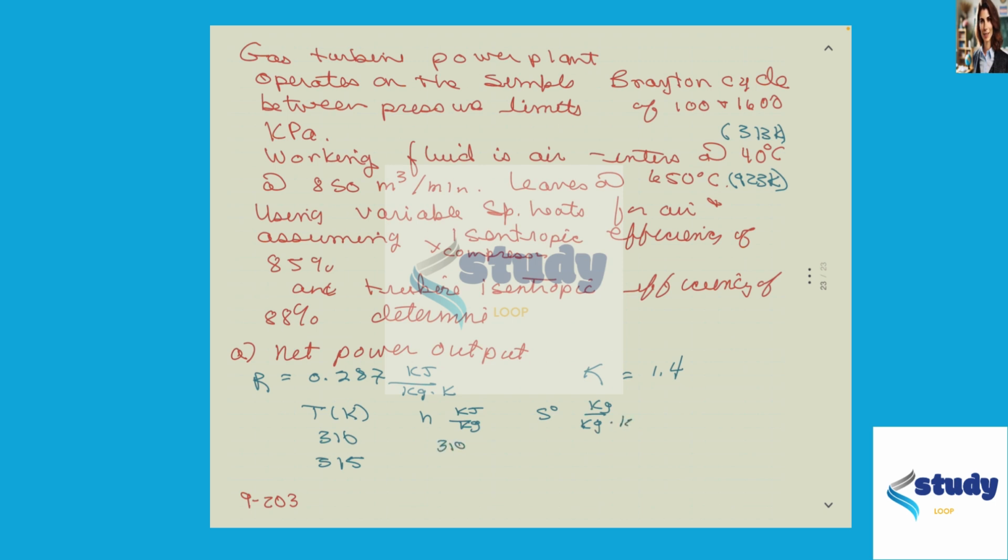This will be 310.24, 315.27, 1.73498, 1.75106. So when we figure out where we need to be here, we're going to be using 313.26 kilojoules per kilogram and 1.744628 kilojoules per kilogram Kelvin.